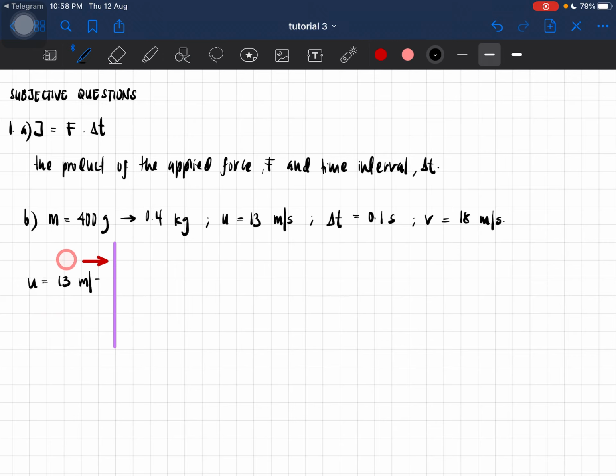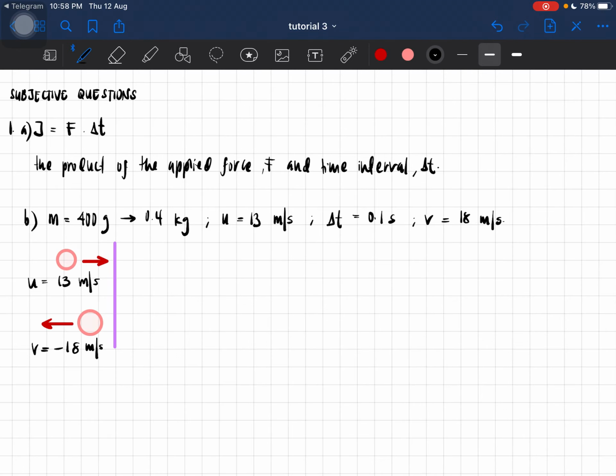So 13 meter per second is positive because it is going to the right. Then it rebounds after hitting the wall. It rebounds to 18 meter per second. But now the velocity is going to the left, meaning it would be negative. Okay, so the final velocity is negative.